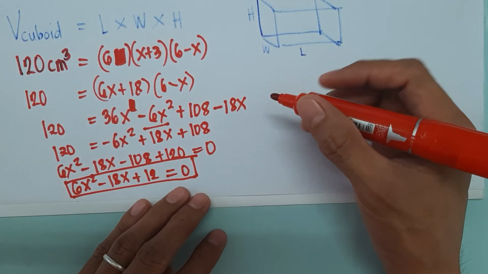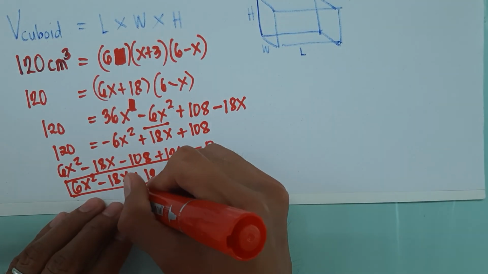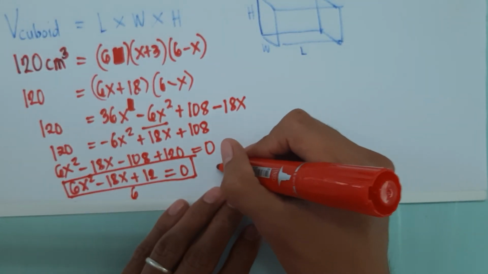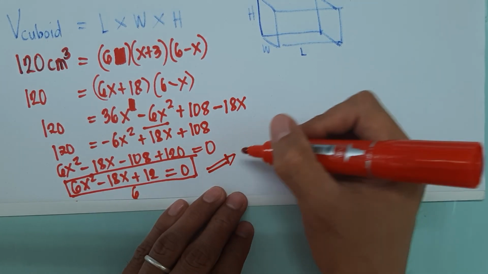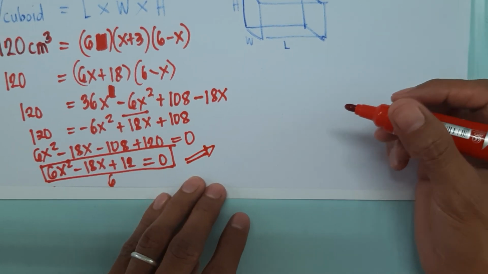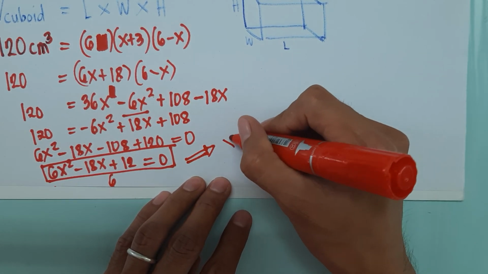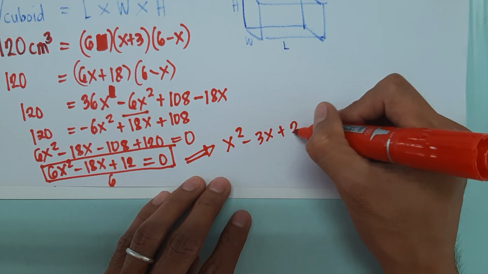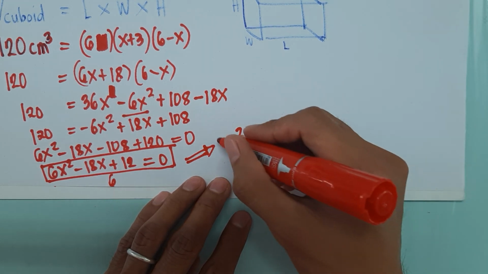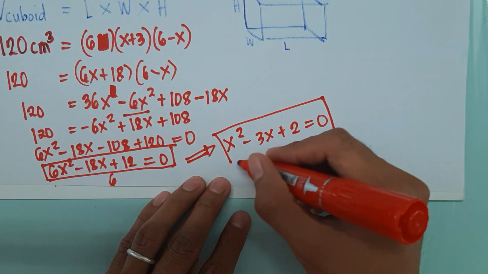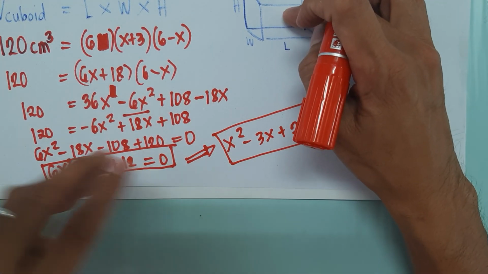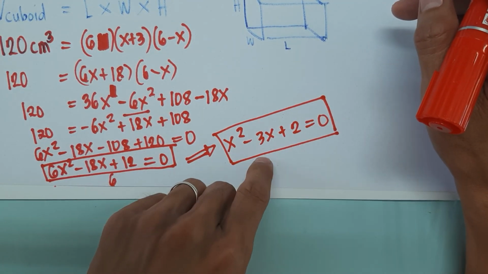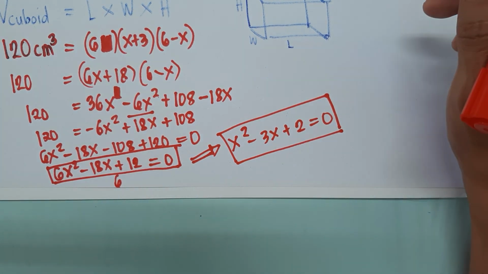So let's cancel out 6. 6x squared divided by 6 becomes x squared, minus 3x plus 2 equals 0. So now the equation for the volume of this cuboid is x squared minus 3x plus 2 equals 0.